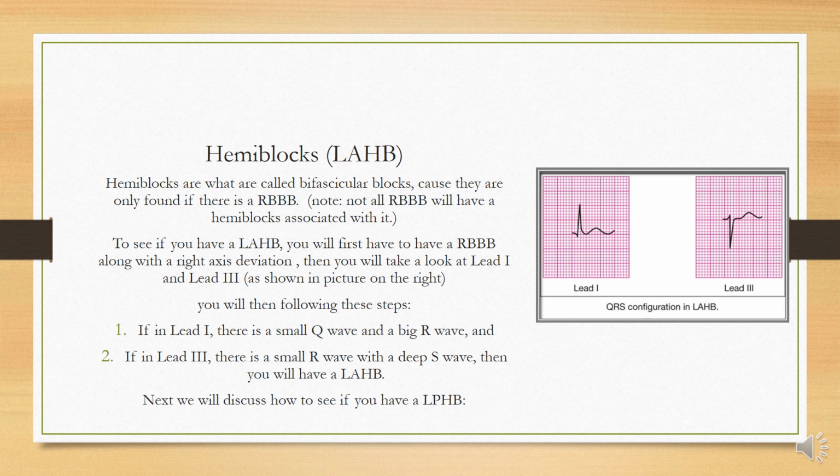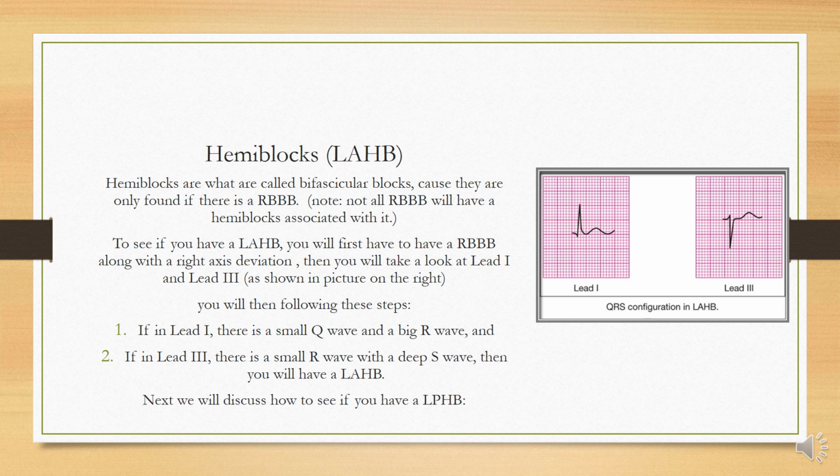So say if we are looking to see if we have a left anterior hemiblock. Well, in order to have a left anterior hemiblock, we have to have a right axis deviation. Then we're going to look at leads 1 and 3, as you see on the picture on the right. You would then follow these steps in order to determine if you have a left anterior hemiblock.